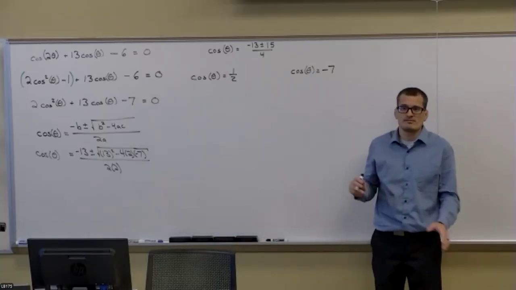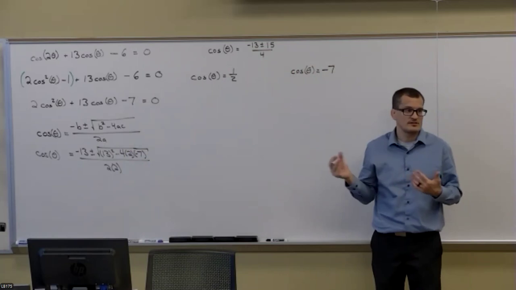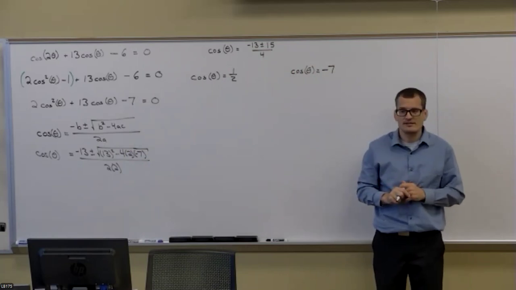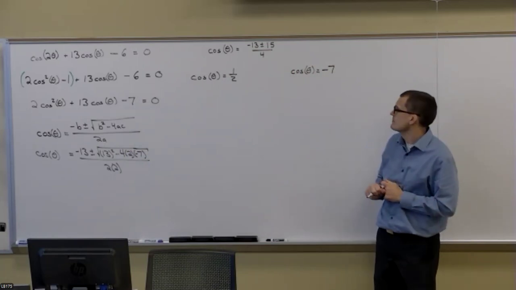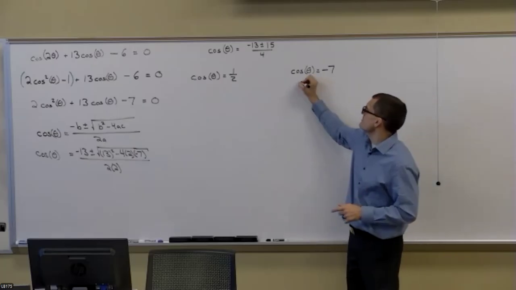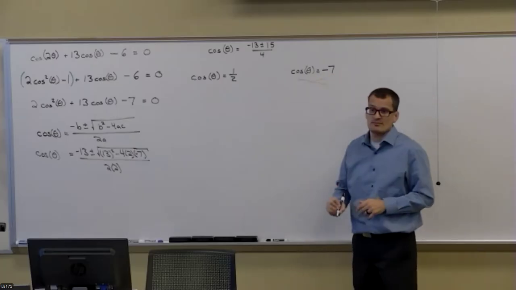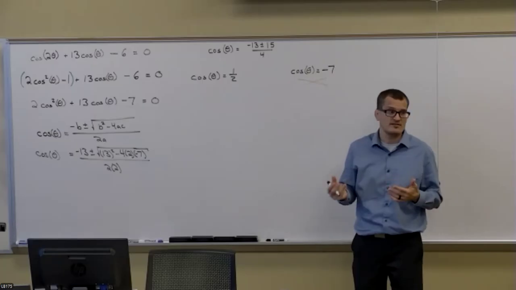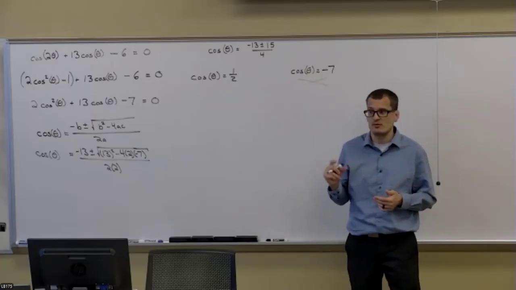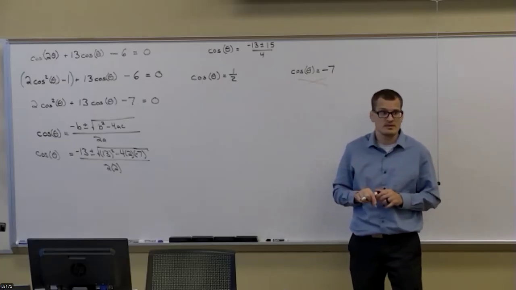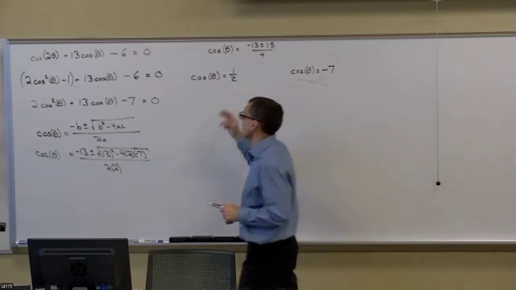If you wanted to figure that out through factoring, you could have factored as well. This doesn't give you any possibilities because cosine of theta has to always be between -1 and 1.